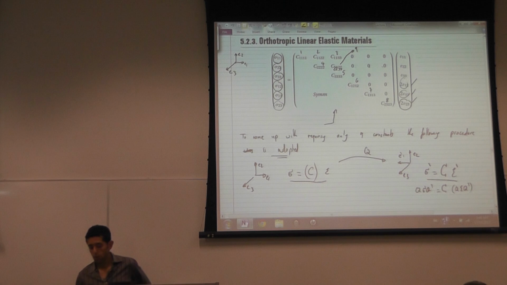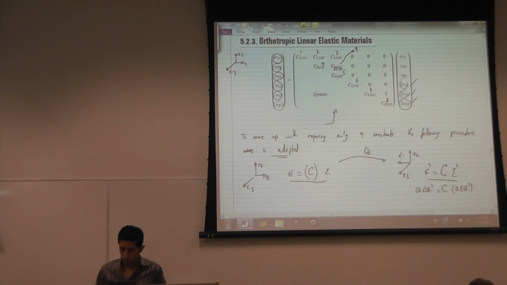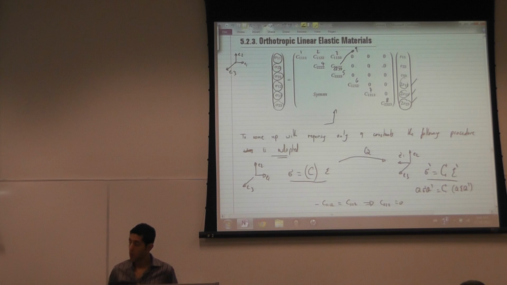Knowing all of these, you'll have equations like this. Negative sigma 1,1,1,2 is equal to sigma 1,1,1,2, which tells me right away C 1,1,1,2 is equal to 0.